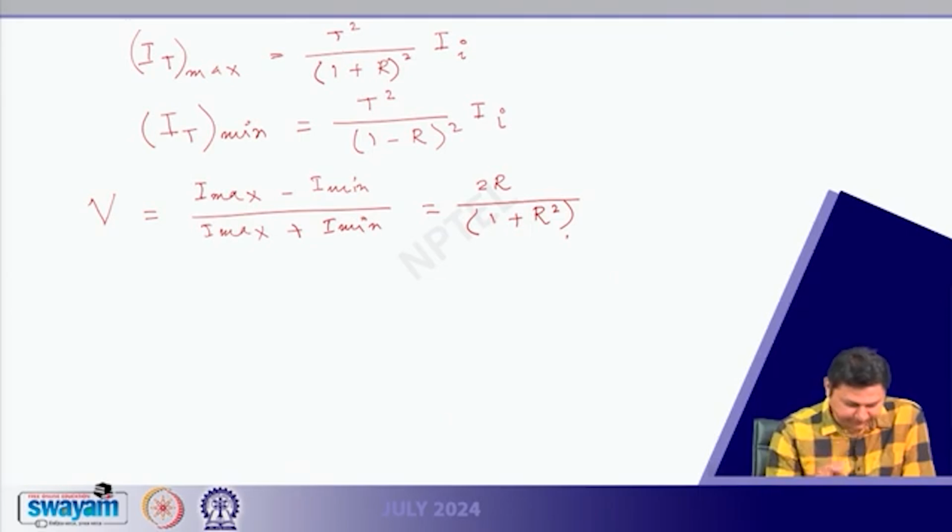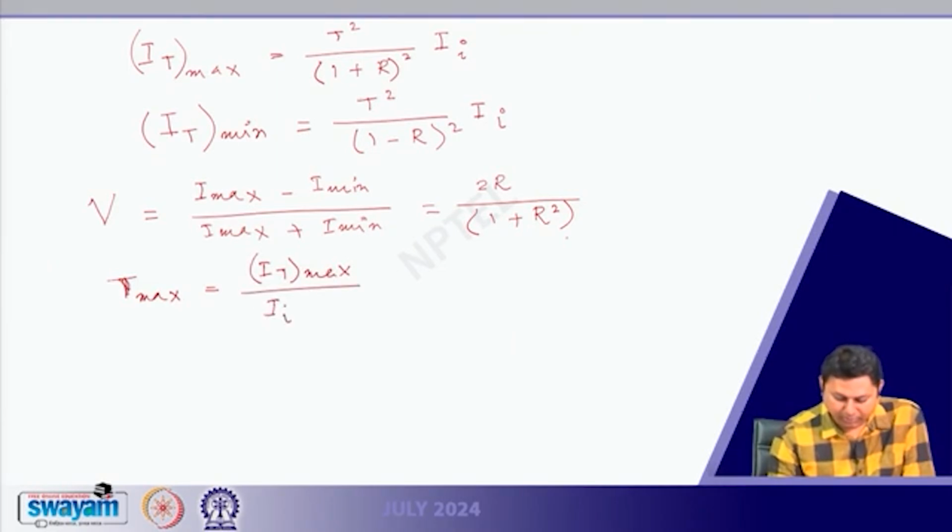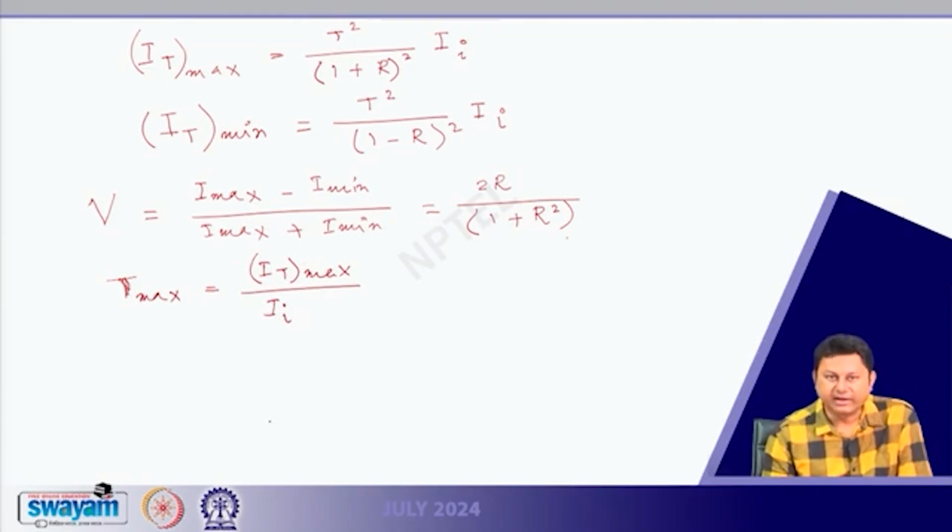So, here also one can find T max, that is the maximum transmittivity, which is the maximum transmitted intensity divided by I, and that one can get as T square divided by 1 minus R square.